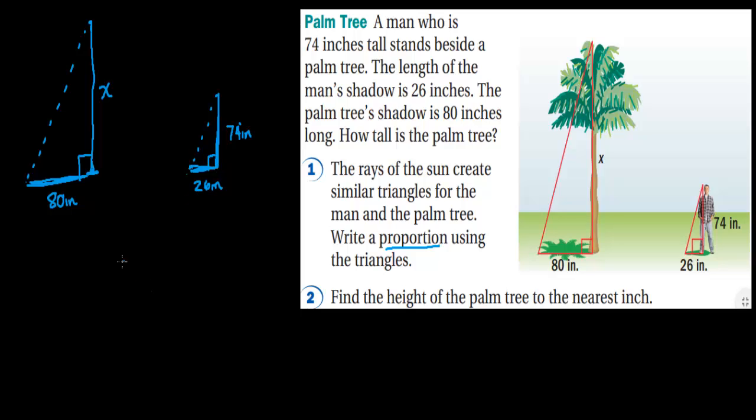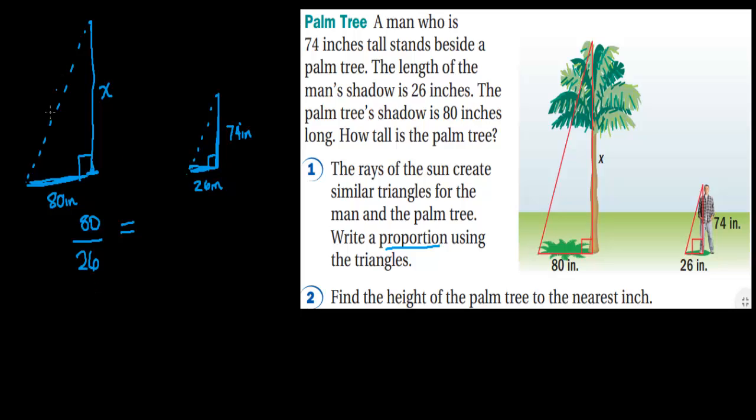So we write a proportion. Again, a proportion has an equal sign, and on both sides of the equal sign, I'll have a ratio. So the ratio I'm going to create here is, you decide. It doesn't matter if you want to start with the height or with the shadow, it doesn't matter. I'm going to start with the shadow just because I feel like it. So I'm going to say the length of the shadow of the palm tree corresponds with the length of the shadow of the man.